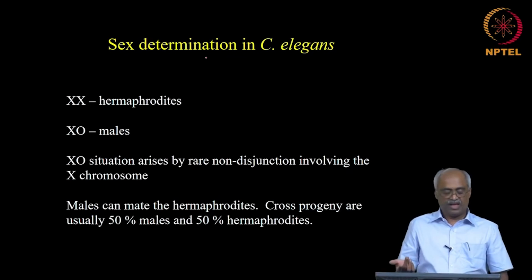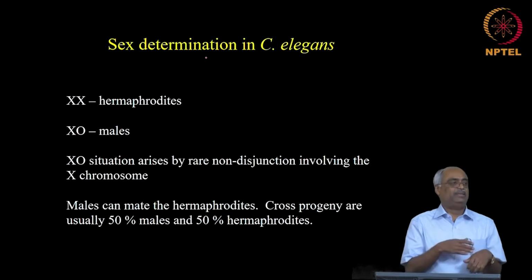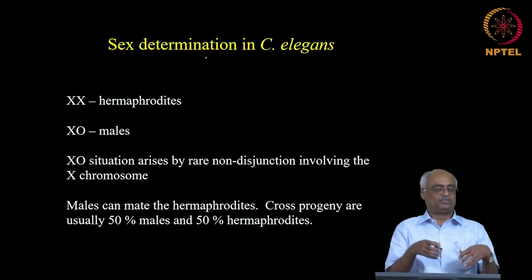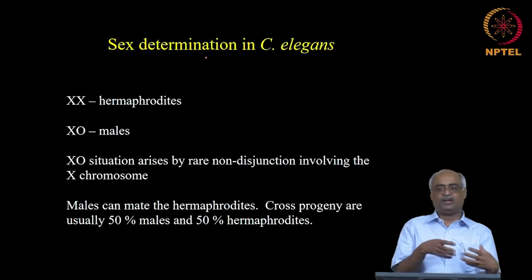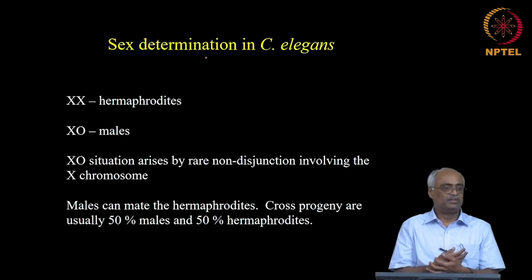Okay. And interestingly, these females during their sexual maturation, let us say to give a human equivalent, during adolescence, when the first germ cells start to mature, they are going to enter spermatogenesis.